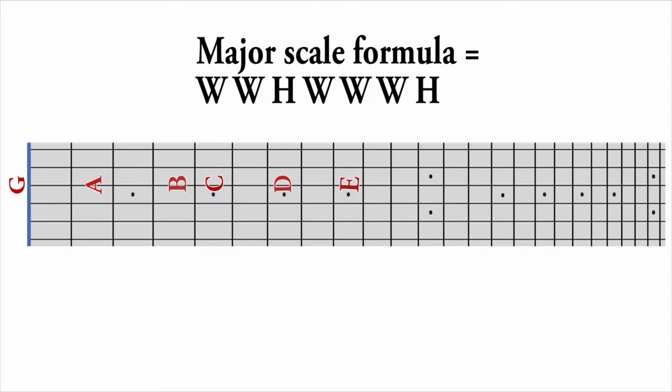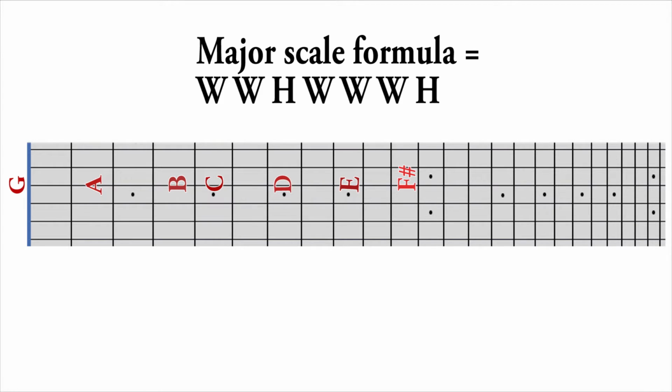Now, in the previous lesson, if you remember, we talked about accidental notes in between the natural notes and how there are no accidental notes between the natural notes E and F and B and C. So from the note E, we need to go up a whole step, and that takes us to the note F sharp.